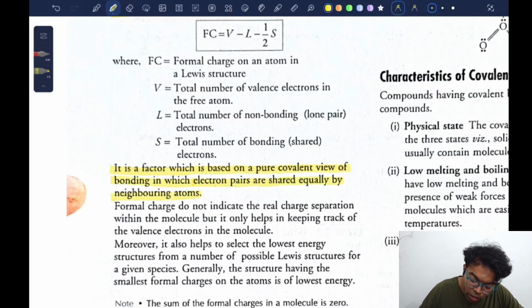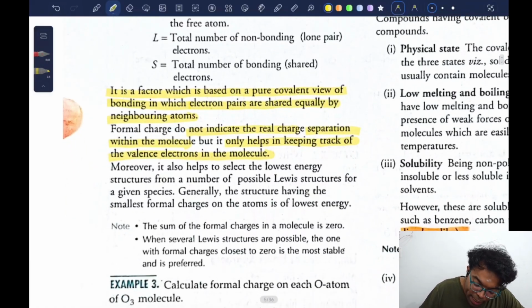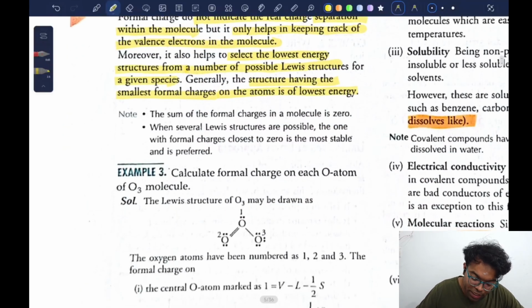Formal charge does not indicate the real charge separation within the molecule, but only helps in keeping track of the valence electrons in the molecule. Moreover, it also helps to select the lowest energy structure from a number of possible Lewis structures for a given species. Generally, the Lewis structure having the smallest formal charge on an atom is of the lowest energy.